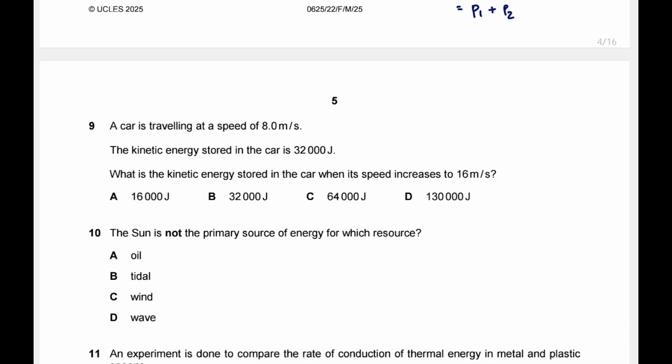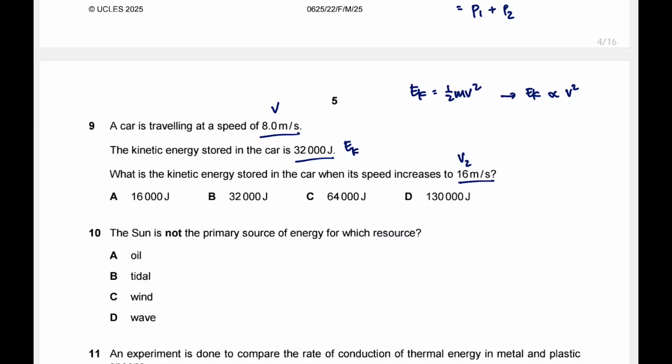A car is traveling at a speed of 8 meters per second. The kinetic energy stored in the car is 32,000 joules. What is the kinetic energy stored in the car when its speed increases to 16 meters per second? Kinetic energy is equal to half mv squared, which means that the kinetic energy is proportional to the square of the speed.